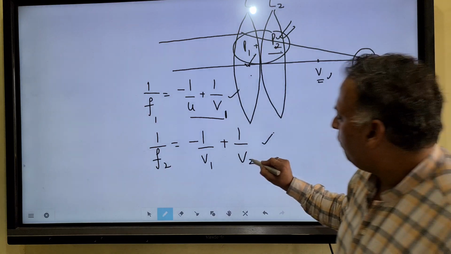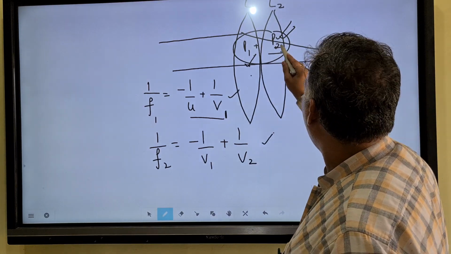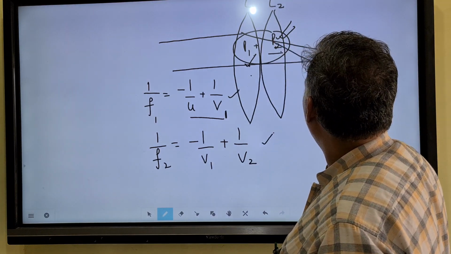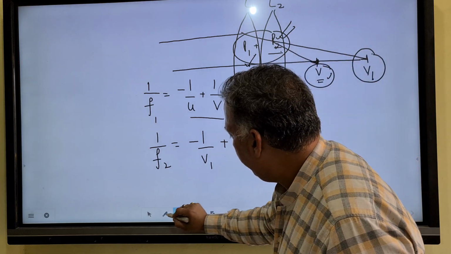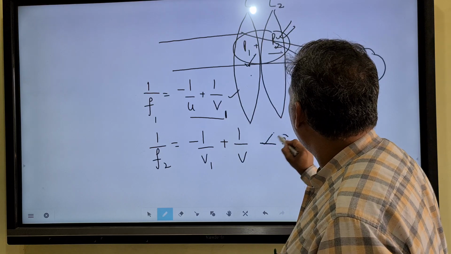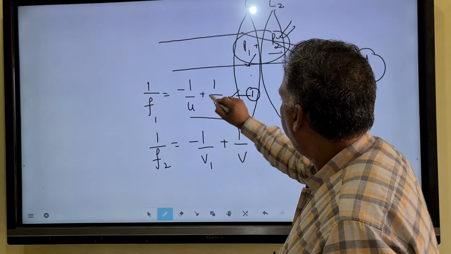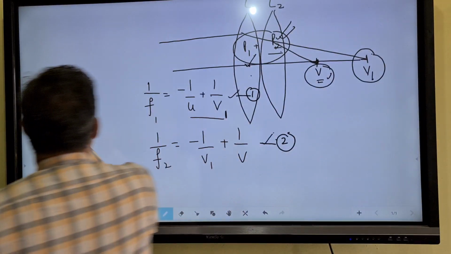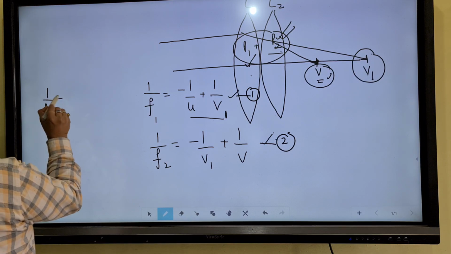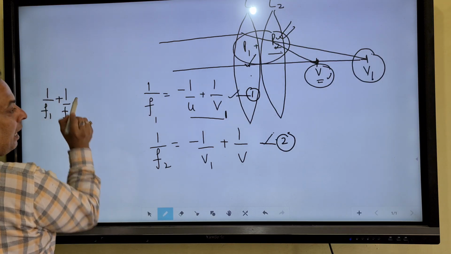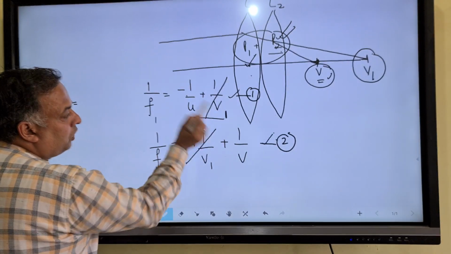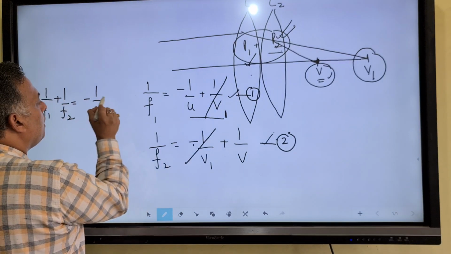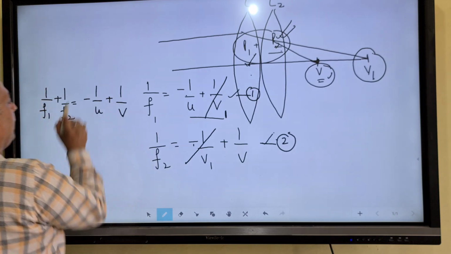So that's what we take. The image formed by it is real, that's v. We will consider it as v. When this is lens number 2, this is number 1, when I add both, 1 by f1 plus 1 by f2 becomes equal to, this will cancel out, so minus 1 by u plus 1 by v.